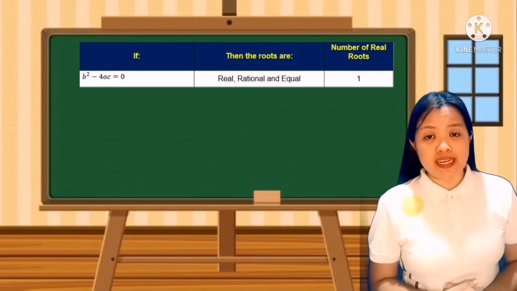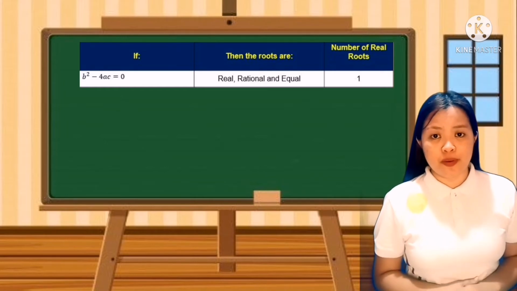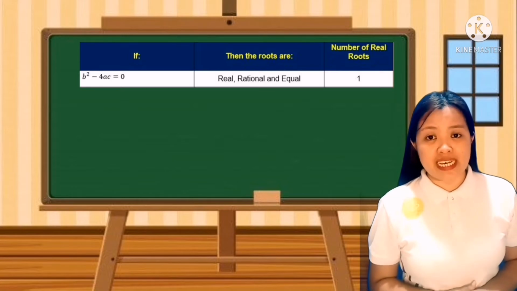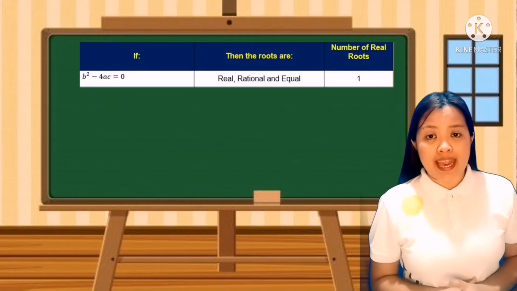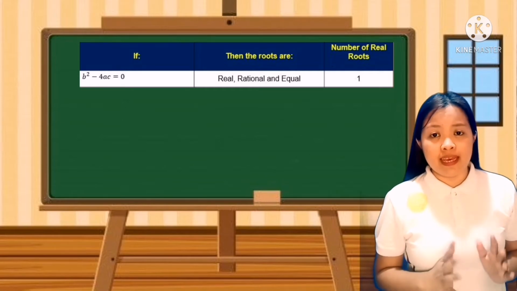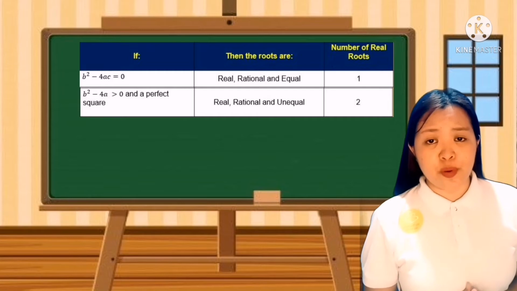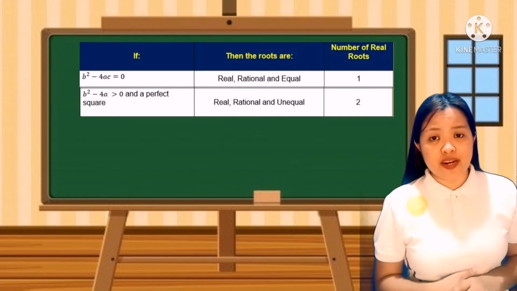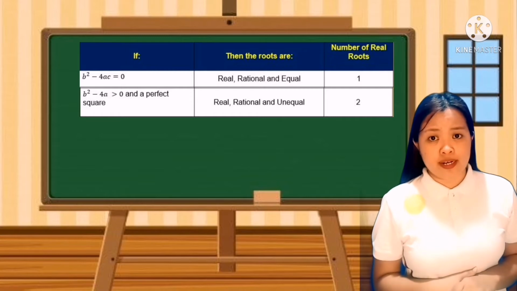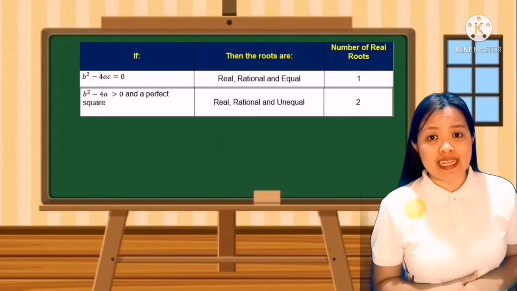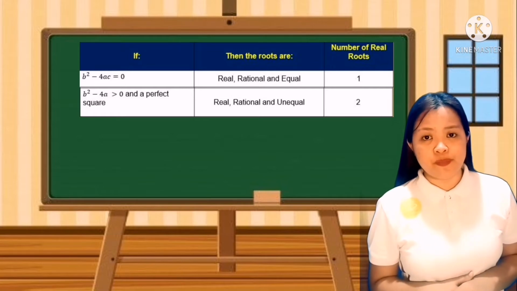If the discriminant b squared minus 4ac is equal to 0, the roots are real, rational, and equal, and the number of real roots is 1. If b squared minus 4ac is greater than 0 and a perfect square, then the roots are real, rational, and unequal.